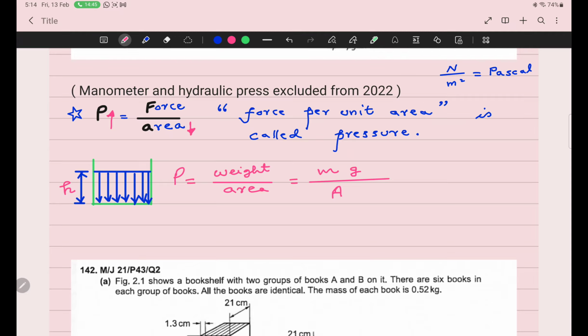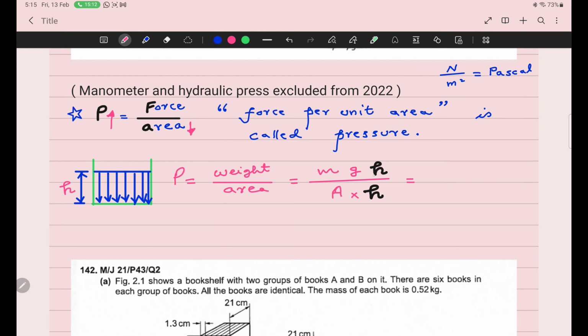So I am writing H, and it is in your syllabus. The depth of the water is denoted by H. If I multiply and divide by depth, it is an extra work only to derive the formula. Whenever we are deriving a formula, we can do any extra work. This is extra work in which I have multiplied and divided by H.